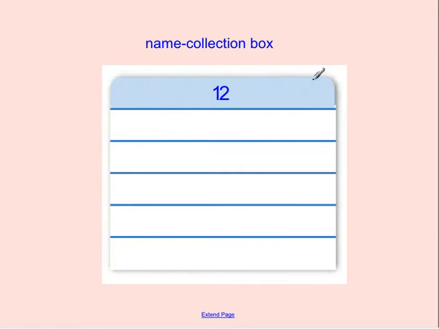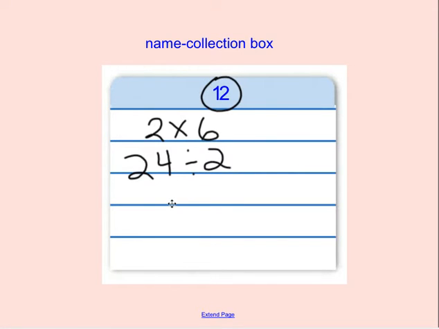Now, this is a name collection box, and you have seen these before, but the name collection box is for the number 12. So we want to try and think of some different names for 12. Right away I think of 2 times 6 is 12. I think 24 divided by 2 is 12. We could do 10 plus 2 is 12.